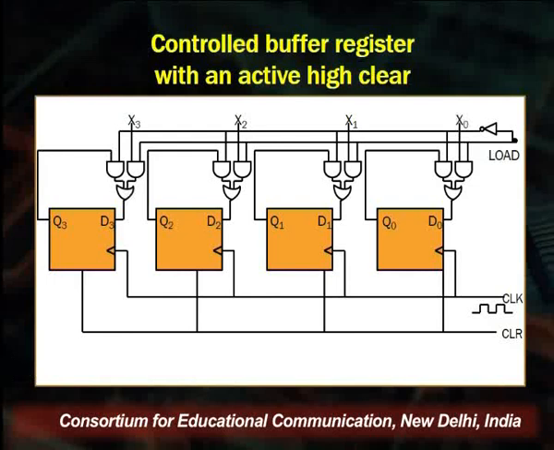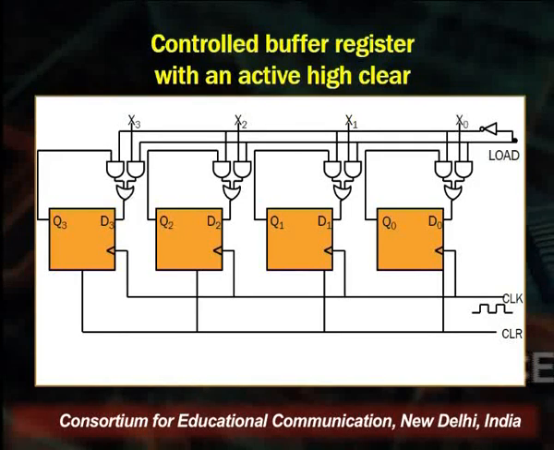And in this case, the AND gates on the right would have at their inputs x3.1, x2.1, x1.1, x0.1, and hence the output of the AND gates would be x3, x2, x1, x0.